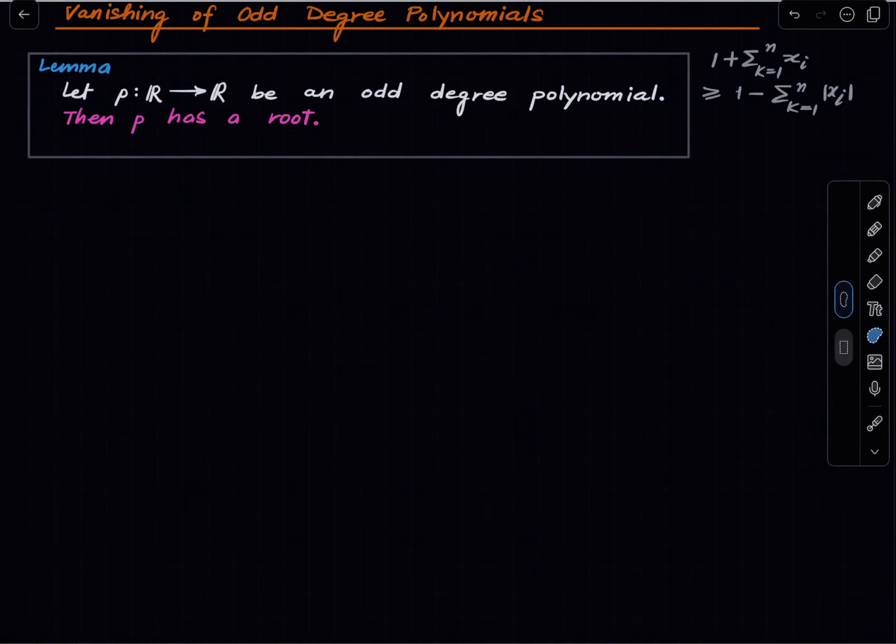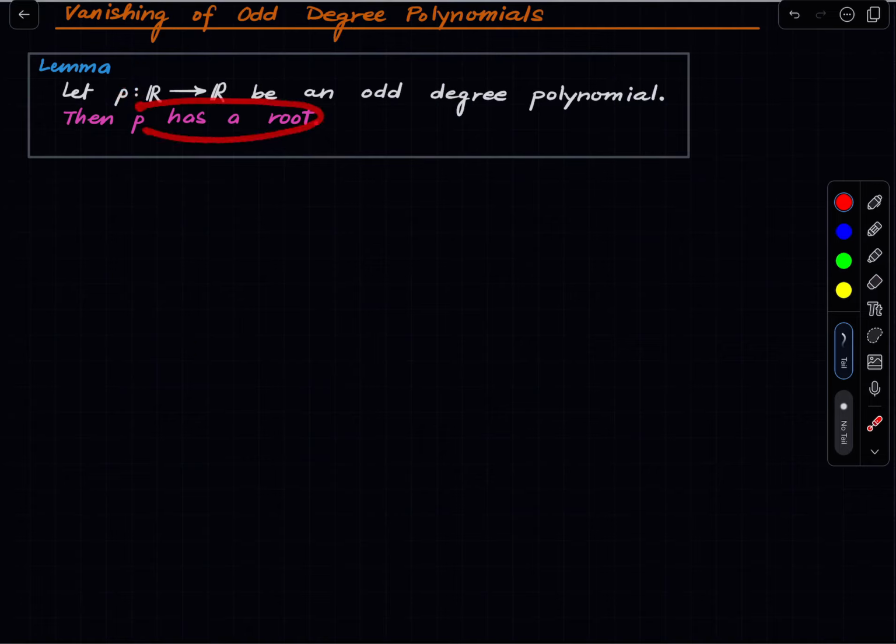So here is the formal statement. We have an odd degree polynomial p, and we want to show that it has a root. Let's fix some notation.